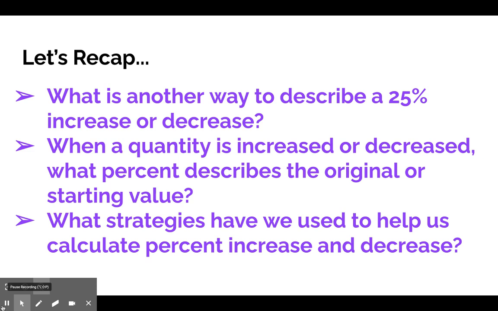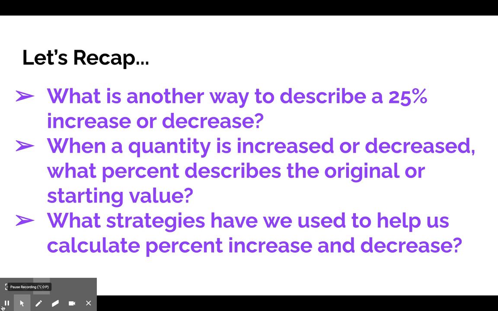And then what strategies have we used to help us calculate the percent increase or decrease? Well, let's go back to our example of 25%. There's two ways that I can find it. I can take 25% and change it to a decimal, multiply by 0.25, multiply that by the original, and either add it if it's an increase or subtract it if we're decreasing.